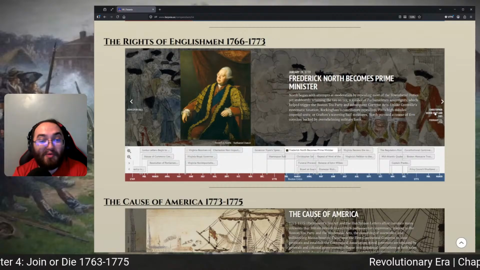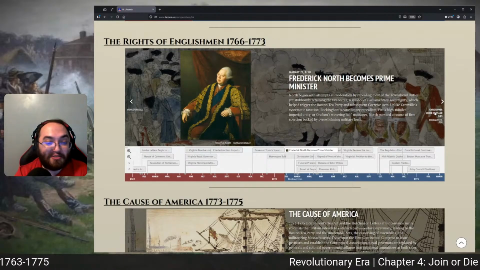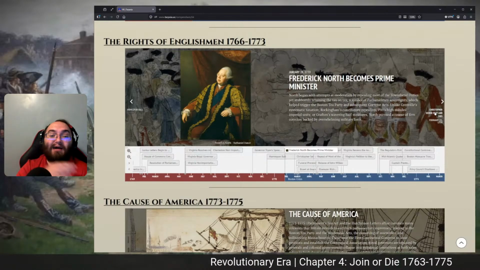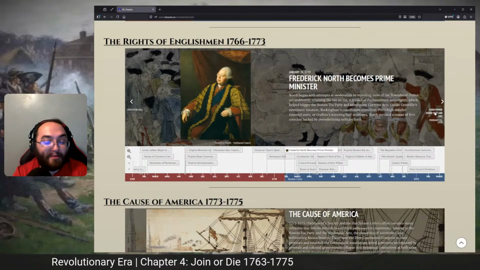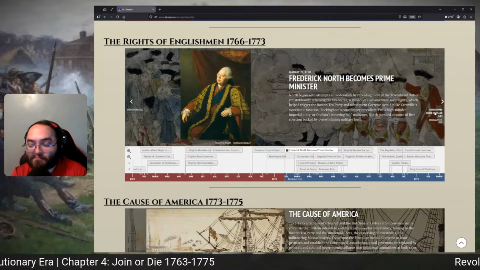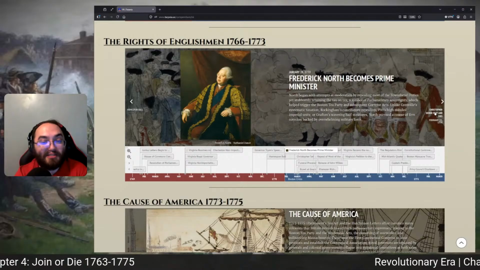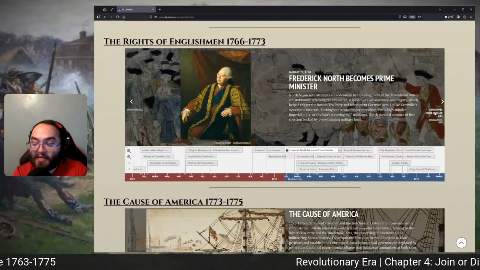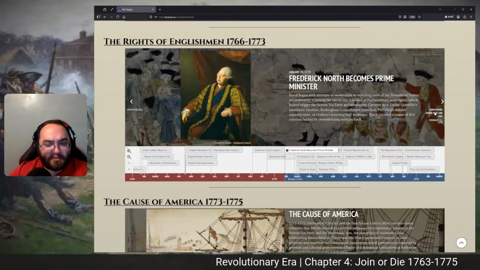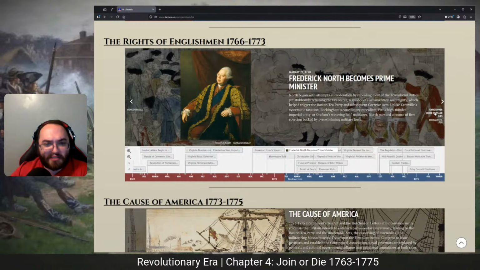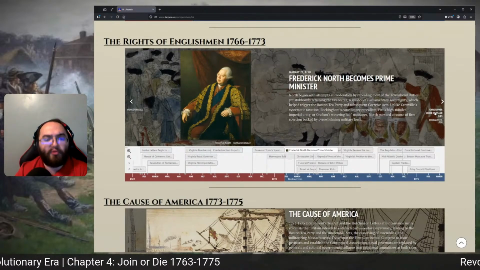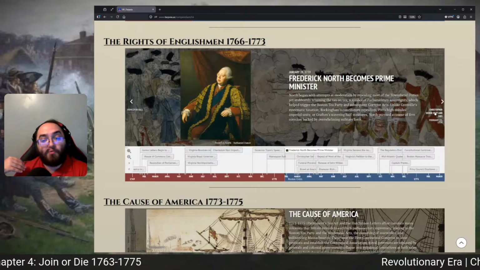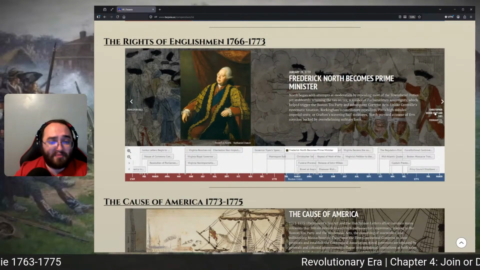So for the rest of this chapter, the prime minister is Lord North, and for the entirety of the War for Independence, he's going to be the Prime Minister of England, which is pretty much the entirety of the next chapter, until the surrender at Yorktown. When news of that reaches Lord North in England, he will resign because of that.